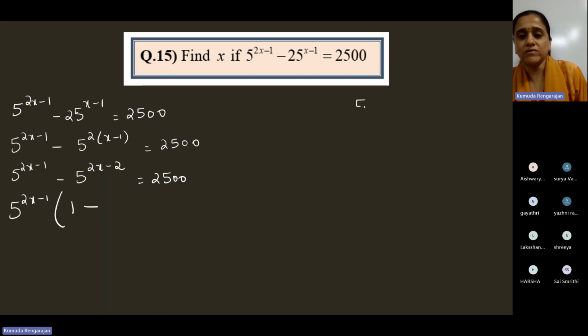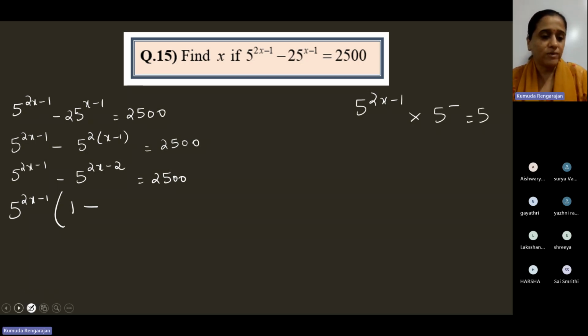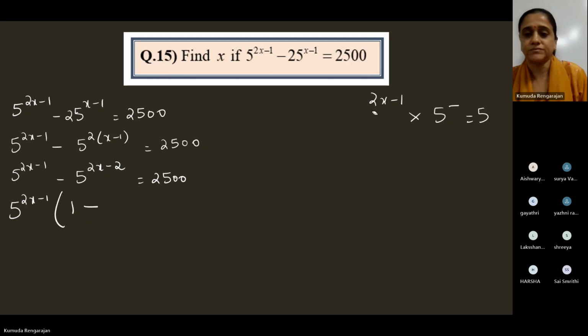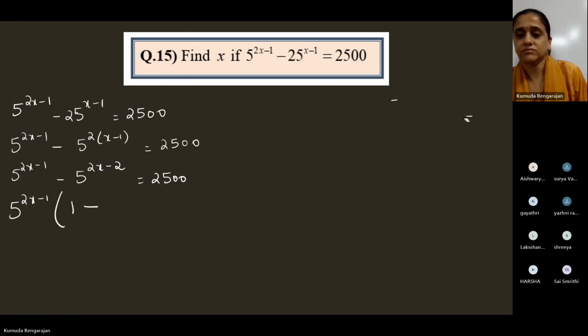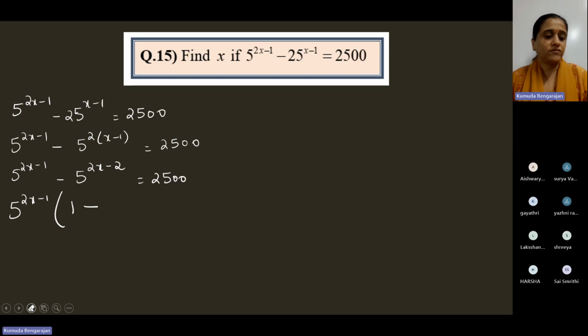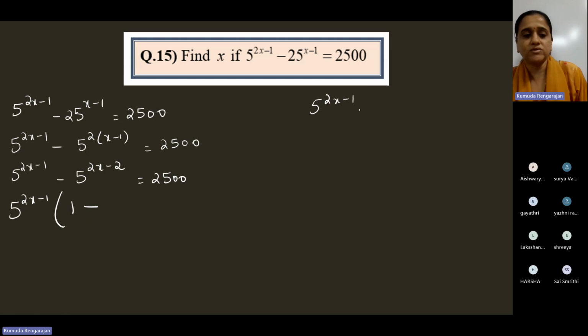Now 5 to the power 2x minus 1 multiplied by 5 to the power what will give you 5 to the power 2x minus 2?